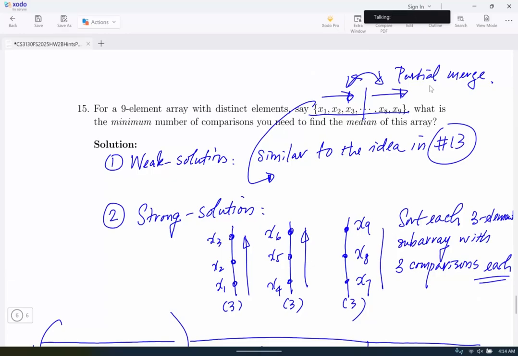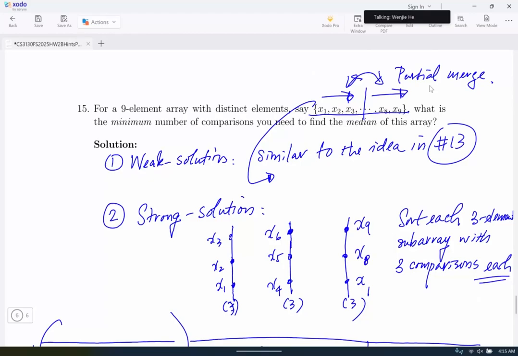Let me just erase. Sorry, maybe it's too much. The software is not very friendly.